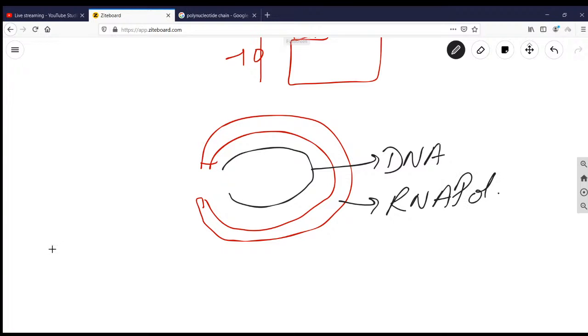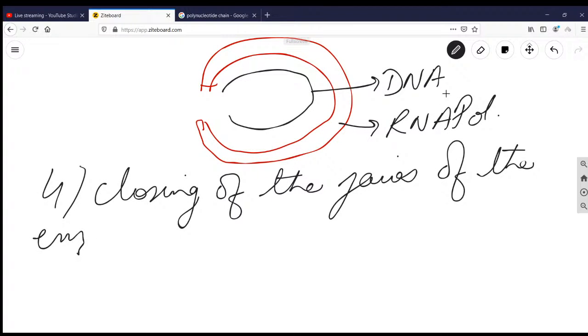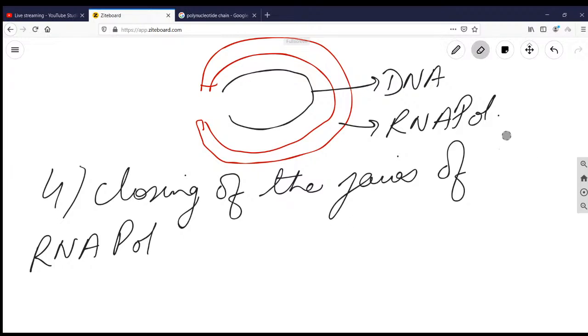So the fourth point is the closing of the jaws of the enzyme, which means RNA polymerase, to encircle this section of the promoter.